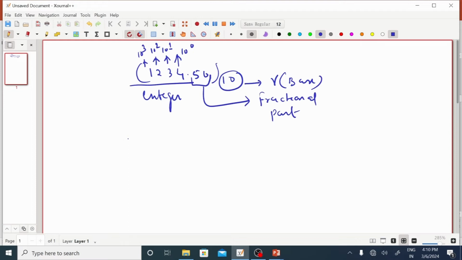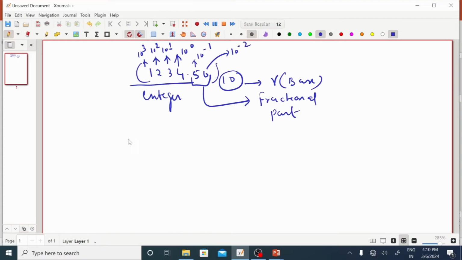Similarly, in the fractional portion we move from left to right, and in the integer portion we move from right to left. So this digit is multiplied by 10 to the power minus 1, and this digit is multiplied by 10 to the power minus 2.